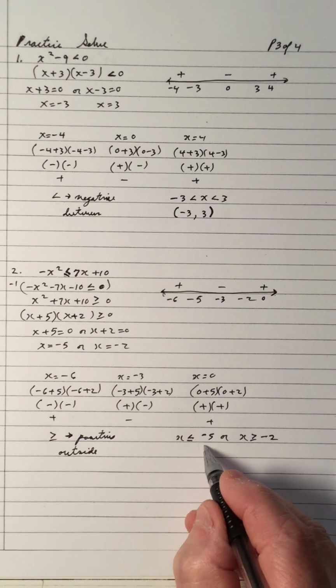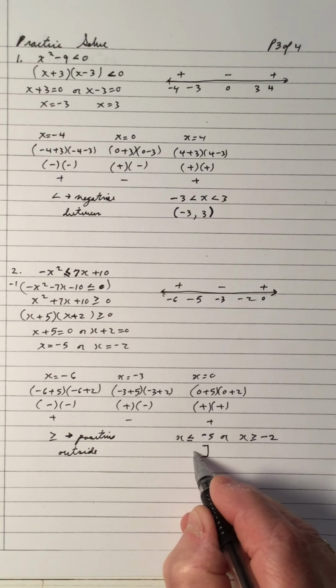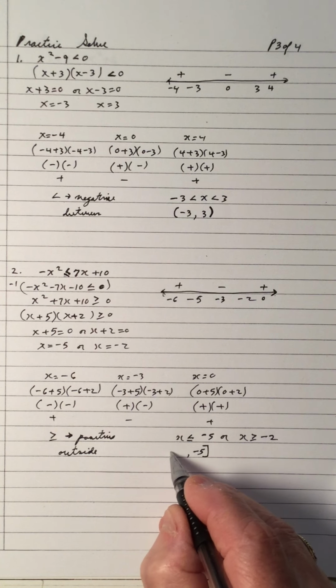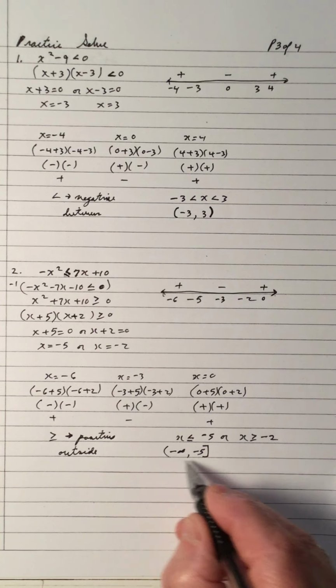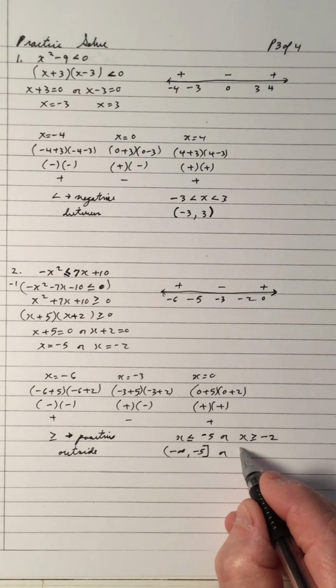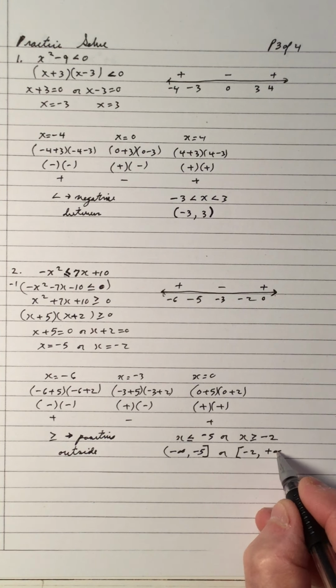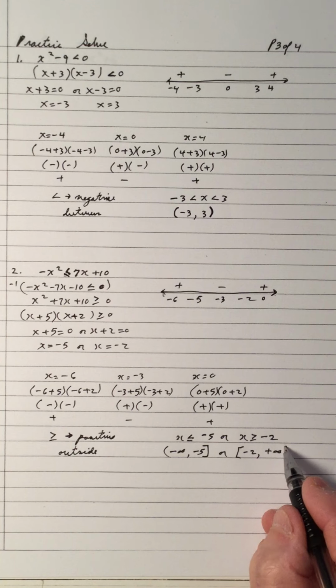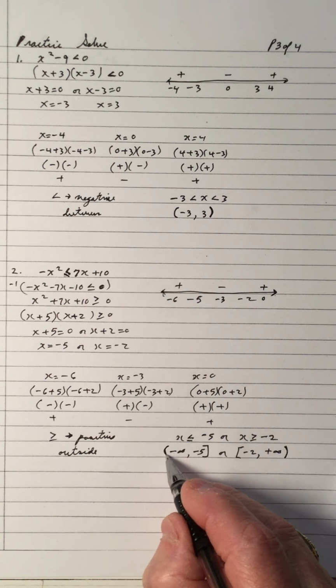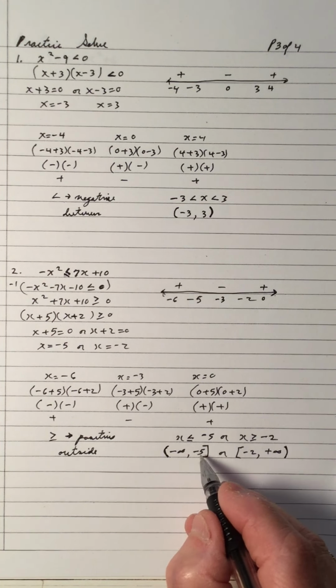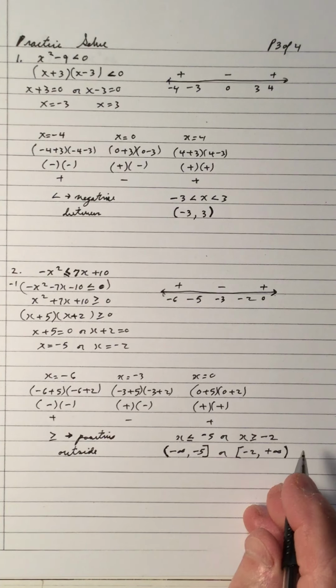In interval notation, the equal sign is a square bracket: negative 5 going to negative infinity, and a square bracket because of the equal sign going to positive infinity. Notice this is open here and open here because it keeps on going, but the negative 5 is included.